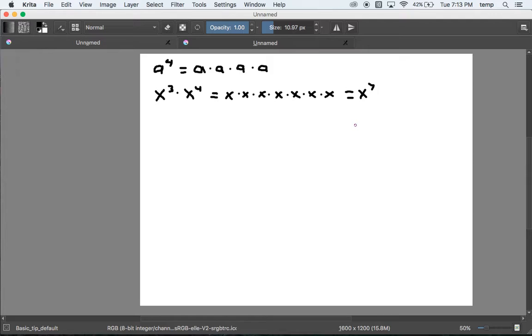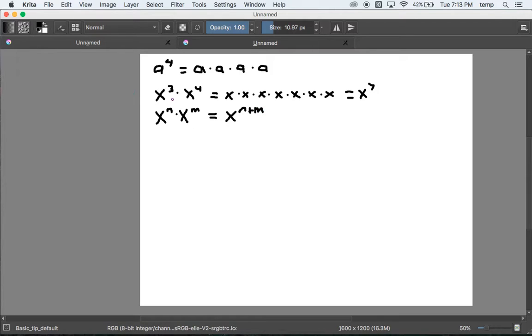Now you don't necessarily need to write this whole thing out every time, right? They have a shortcut for it, and this is what they call the product rule for exponents. What this says is that if you have x to the n, we'll just use a variable here instead of a number so that we can make it generic, right? And then times x to the m, what you're going to get is x raised to the n plus m.